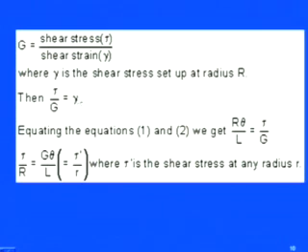But if you go to the previous section, you will find that gamma equals r theta by L. By equating r theta and gamma L, we get shear strain equals r theta by L. So now if we equate both terms, this equation tau by G and the previous equation r theta by L, we have a relationship between these two terms: r theta by L equals tau by G, or we can say tau by r equals G theta by L.